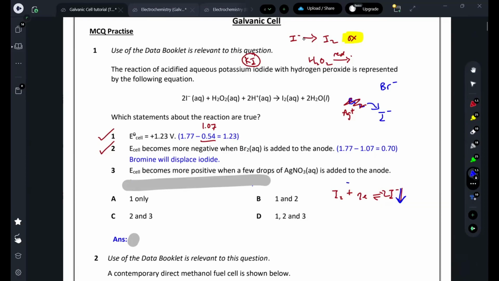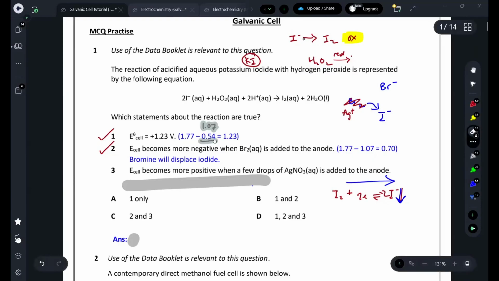It will shift to the right. Okay, and remember, if it shifts to the right, the E naught value of this half cell will actually increase. Okay, so coming back to this equation, if it increases, it means that this number might become a bigger number like 0.60.